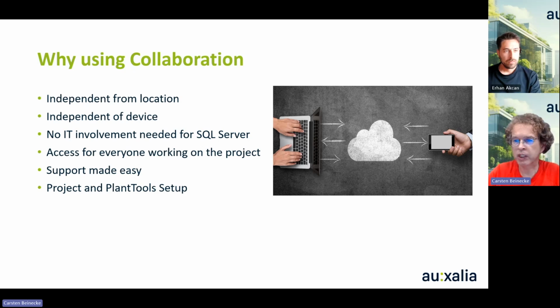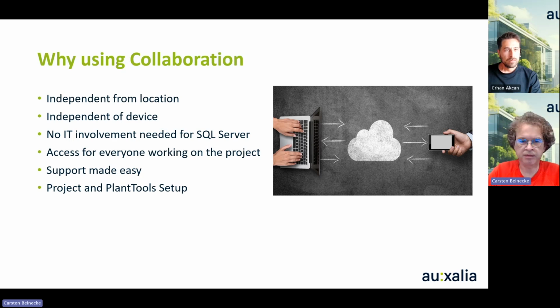In general, you are independent of your location. Either you have different offices and you work together, also globally, of course, or you're working from home or from the job site. It is very convenient. You don't need access to your company's network. You just use the cloud. An internet connection is all you need, essentially.